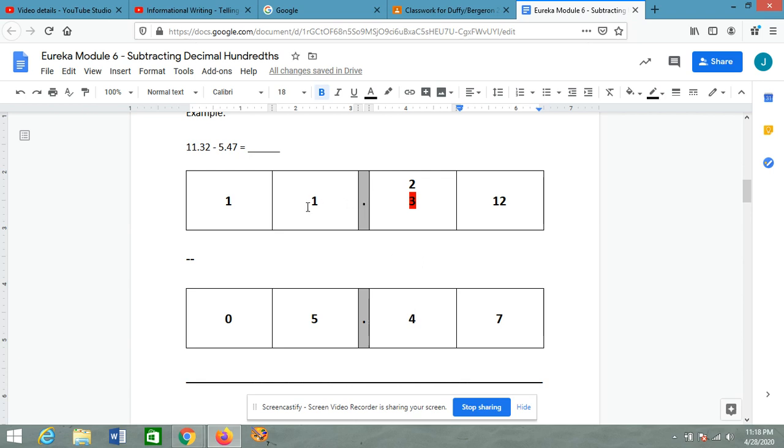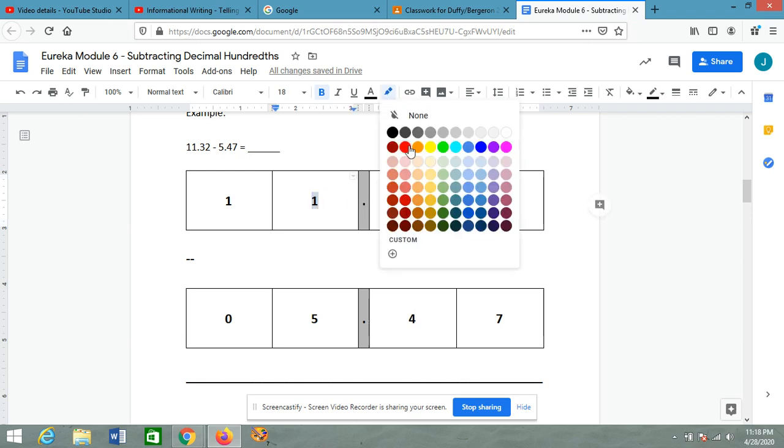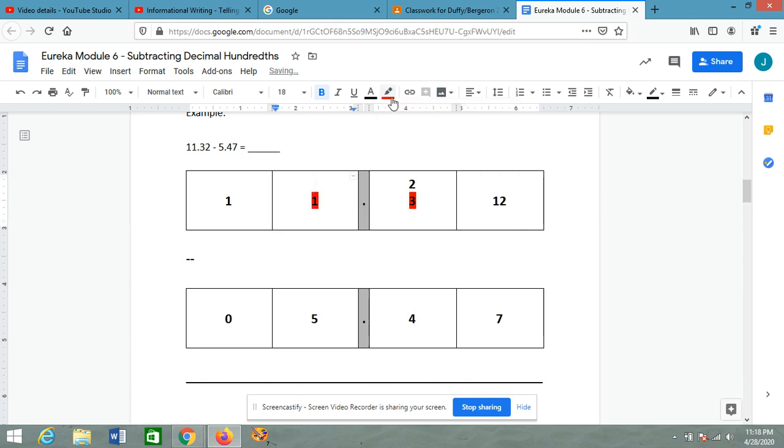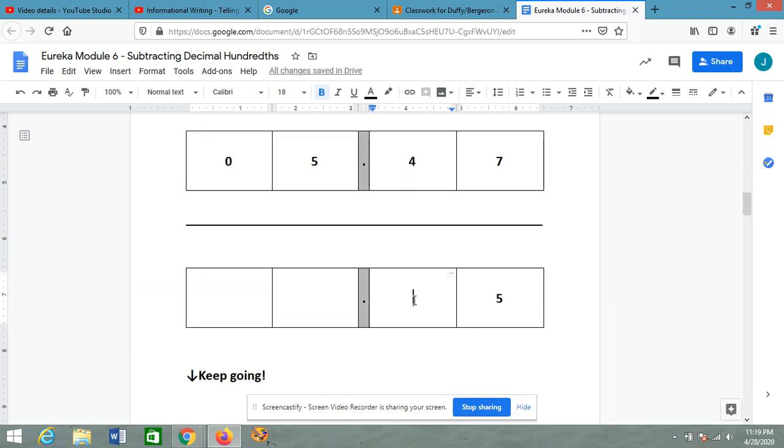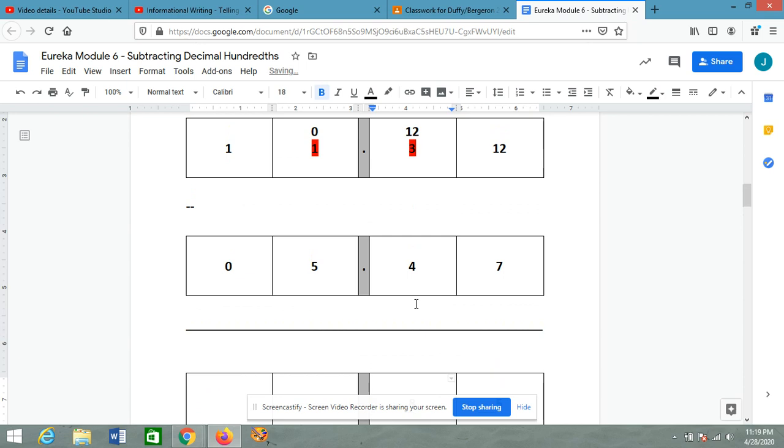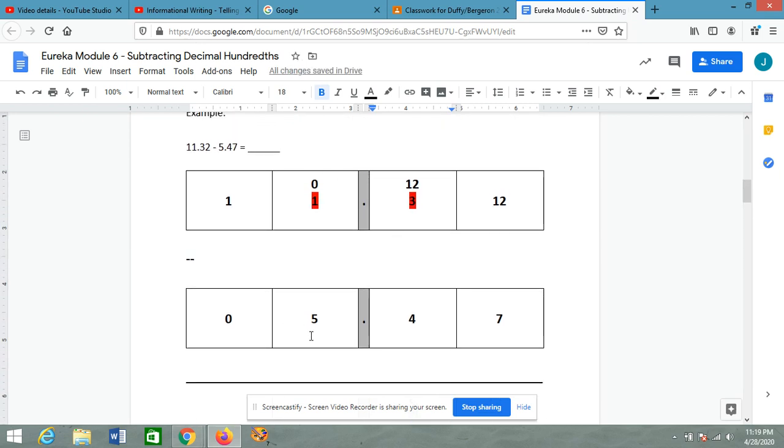2/10 minus 4/10. Can't do that. We're going to borrow again. So now there's 0 ones. That 1 became 10/10. Now we have 12/10 minus 4/10 equals 8/10. Then 0 minus 5 in the ones place. I'm going to borrow again.